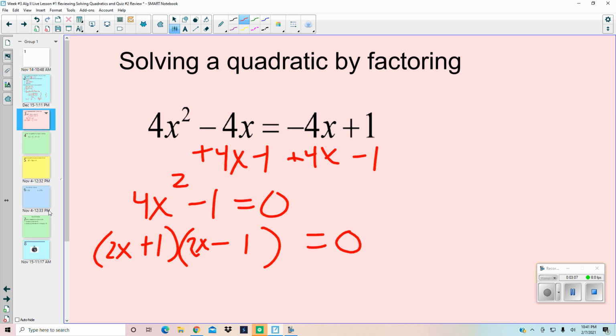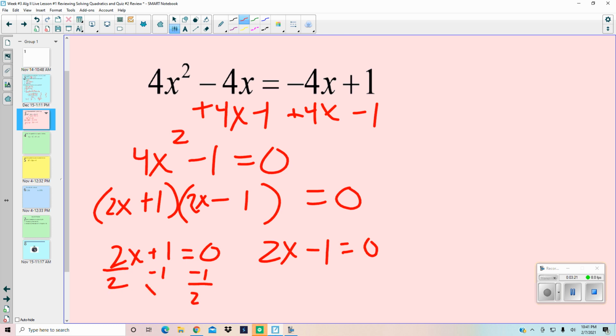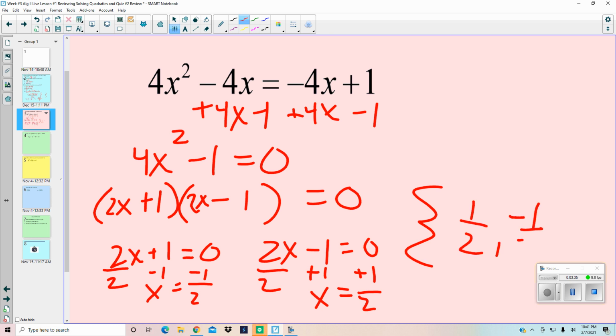And then you could set each of those factors equal to 0 and solve for x. So you'd subtract 1 and divide by 2, so you'd get x equals negative 1/2. Here you'd add 1 and then divide by 2, so x equals positive 1/2. So when you write the answers, you'd have 1/2 and negative 1/2, sometimes written like this, plus or minus 1/2.